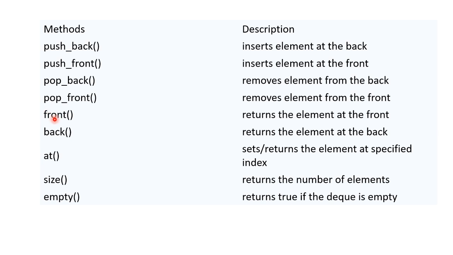The front function returns the element at the front, and back returns the element at the end. The at function returns the element at a specific index, size returns the number of elements in the deque, and empty returns a bool saying whether the deque is empty or not.